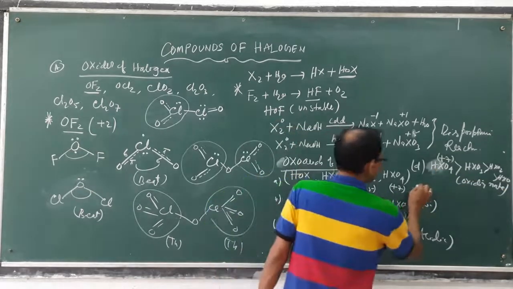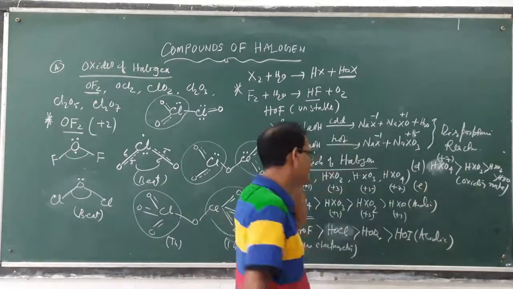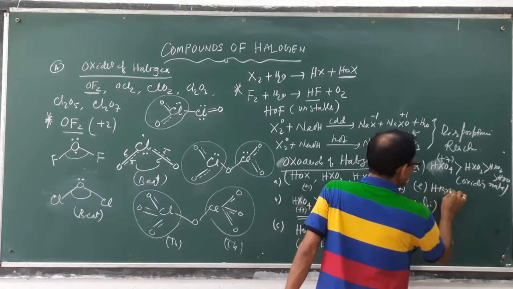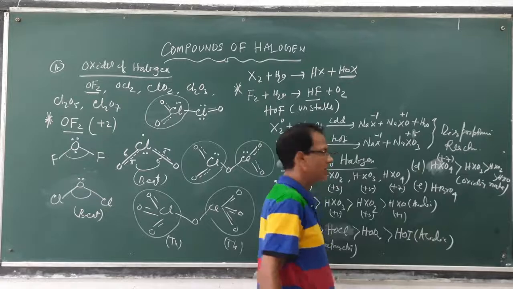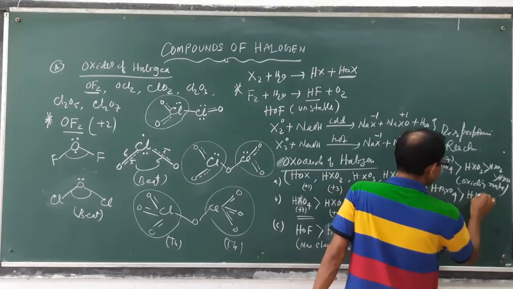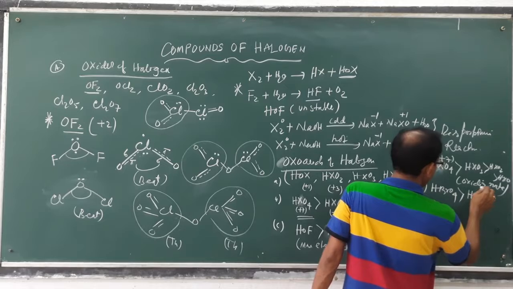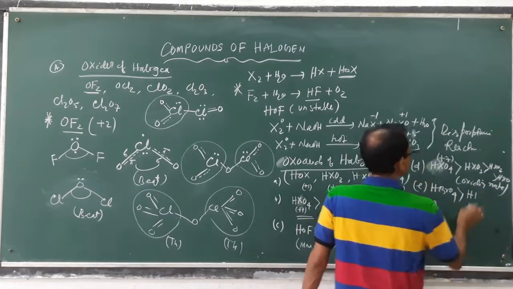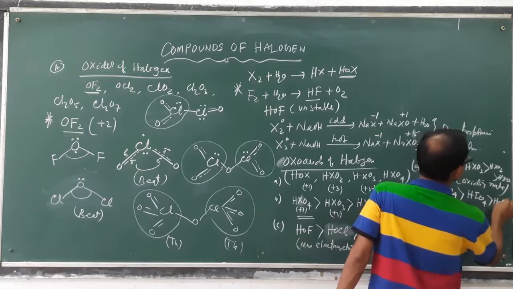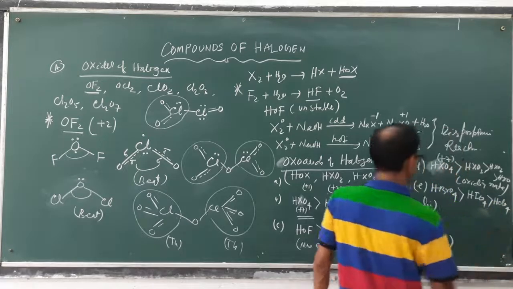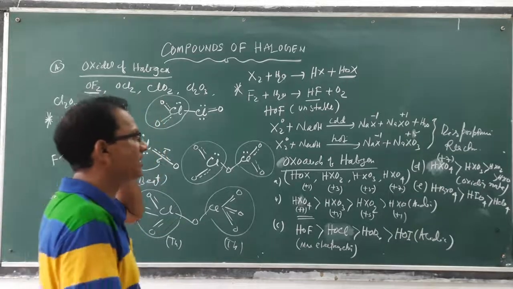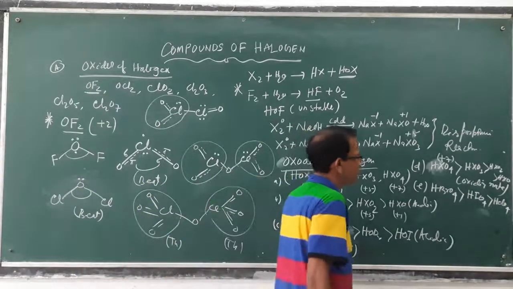But if you take different halogens, the order is HBrO4 more oxidizing than HIO4, than HClO4.